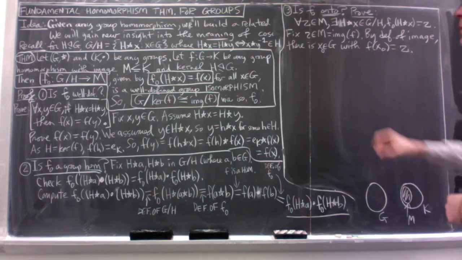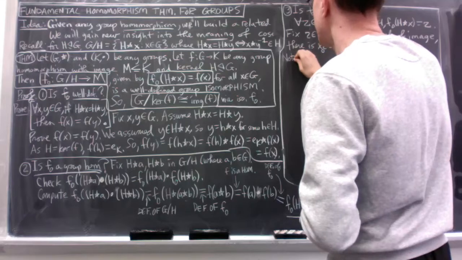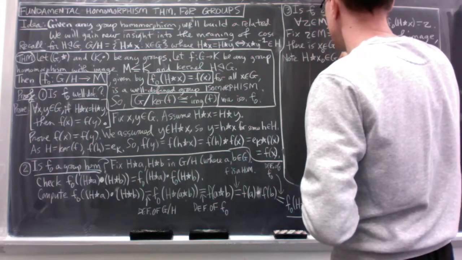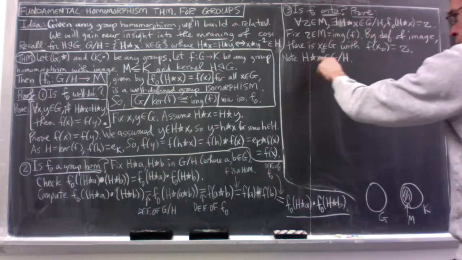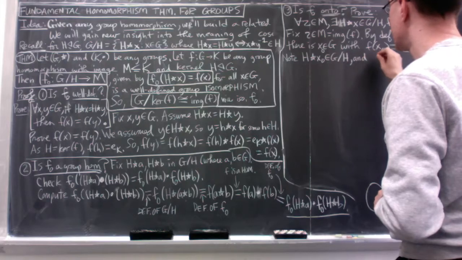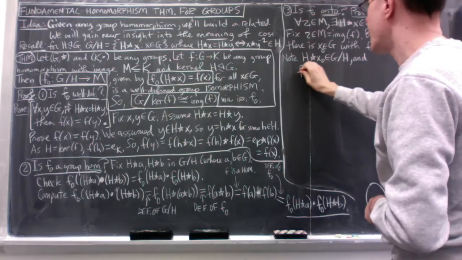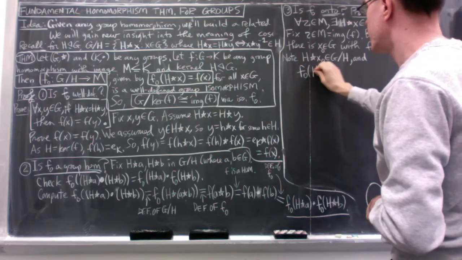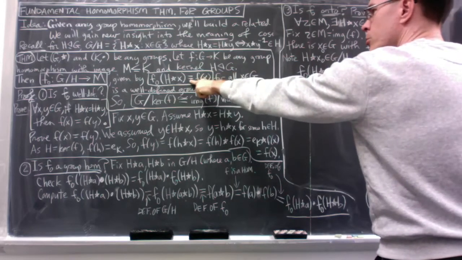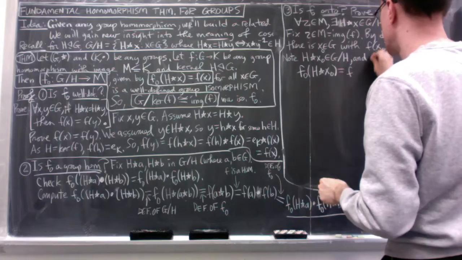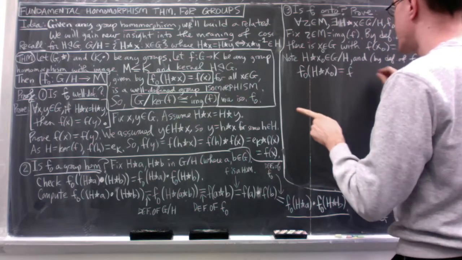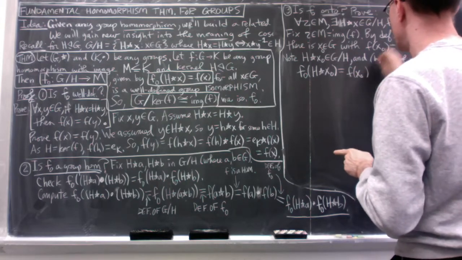And then we get a coset. H star x naught is one of the things in G slash H. It's a right coset of H coming from an element of G. So we have that. And when you do f naught to H star x naught, you get, by definition, f of x naught, which is z.